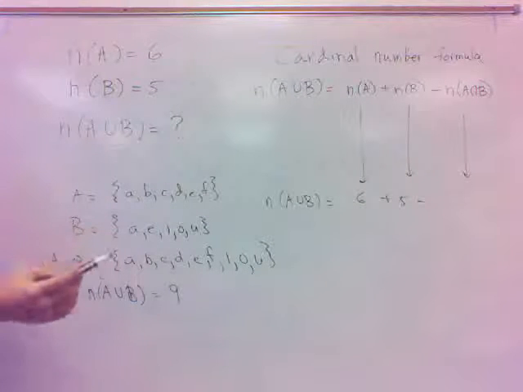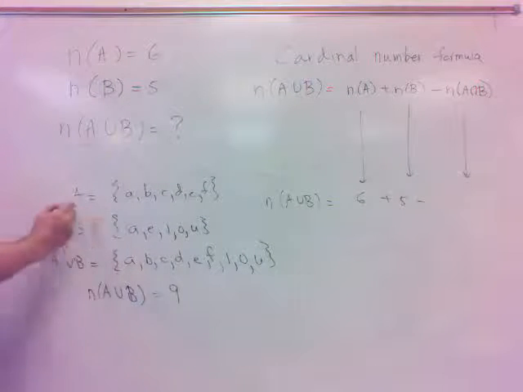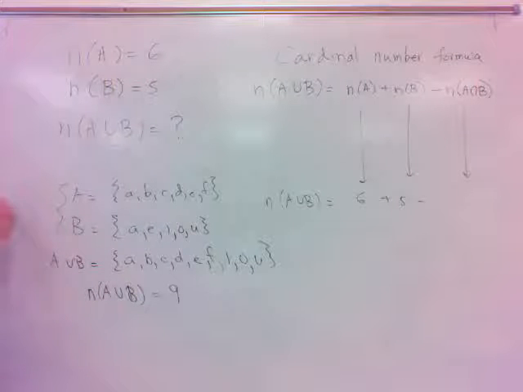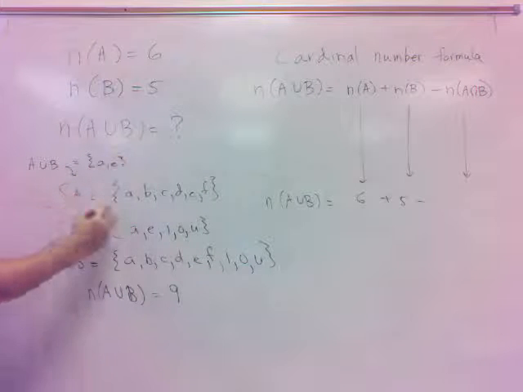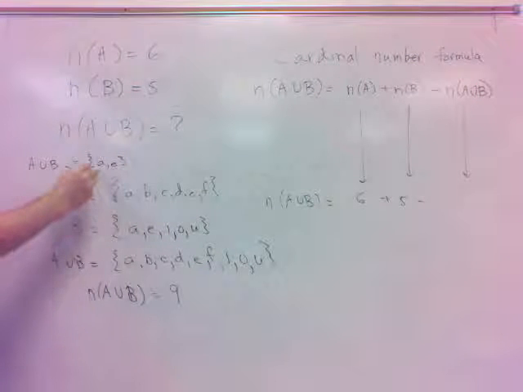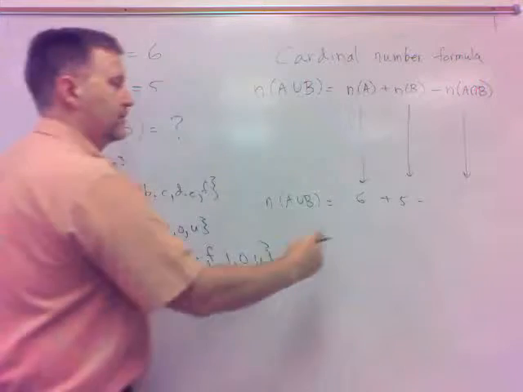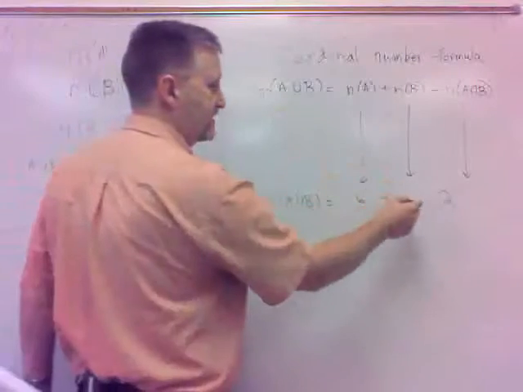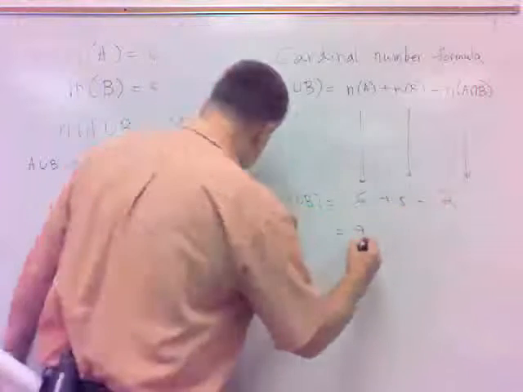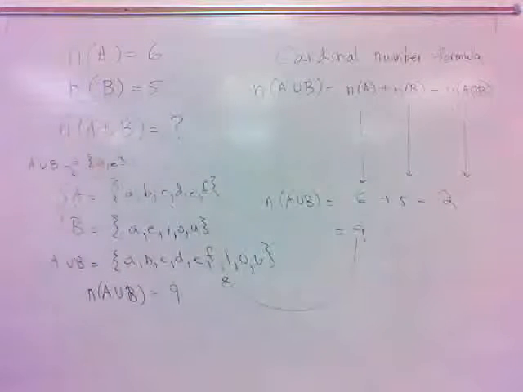I haven't written that out, but what's the intersection of these two sets? It'd be A and E, wouldn't it? Where they overlap. So A intersection B has how many? 2. And so you see that works out, because 6 plus 5 is 11, then subtract 2, you get 9, which is exactly what we saw it was.